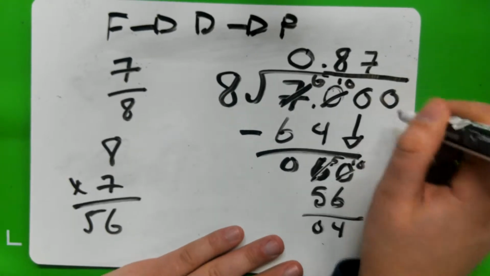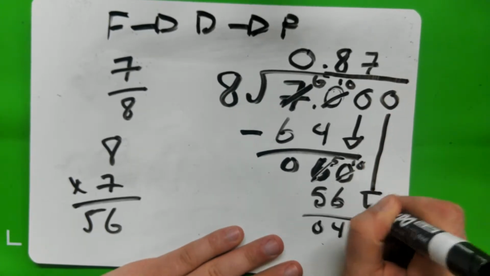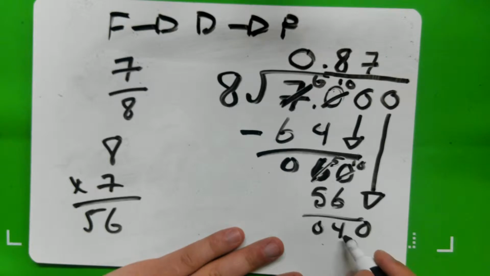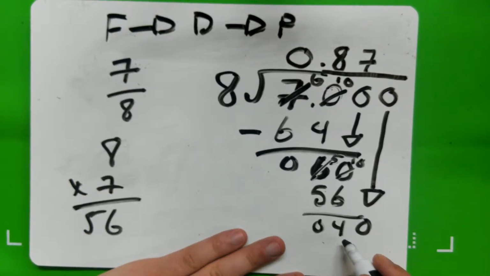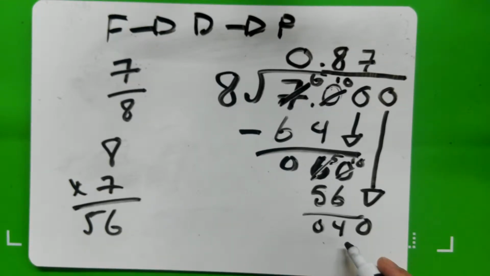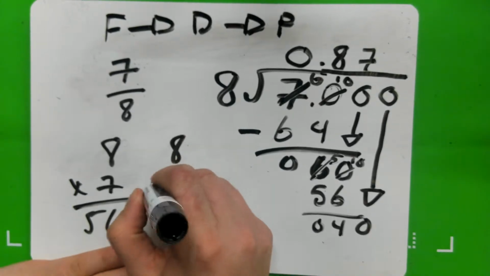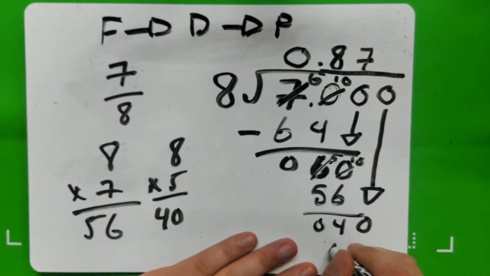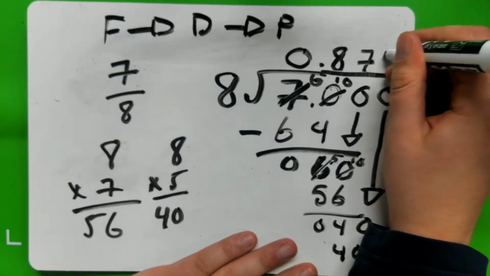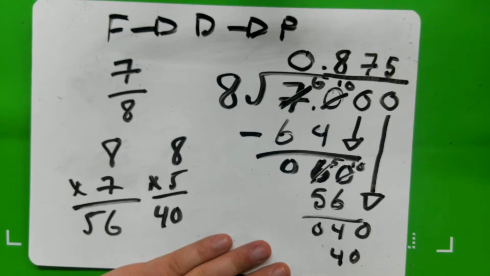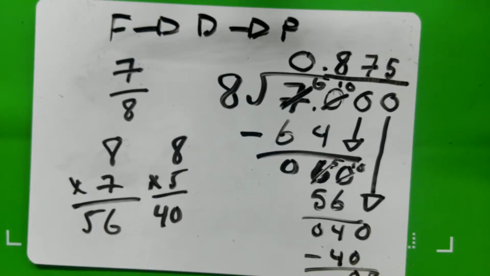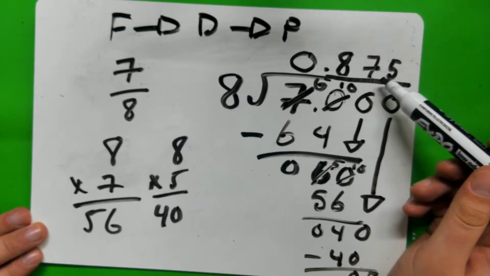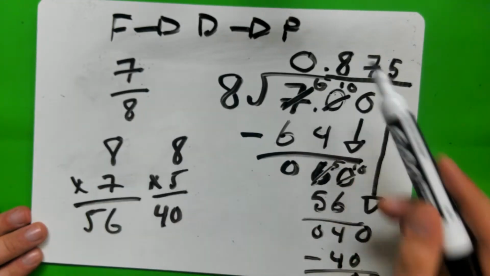And if we do one more 0, bring it all the way down, 40. If we go 8 times 5, we will get 40. So 8 goes into 40 5 times, and 40 minus 40 is 0. This means that the decimal of 7/8 is 0.875.